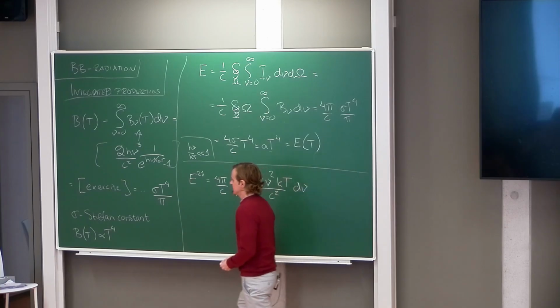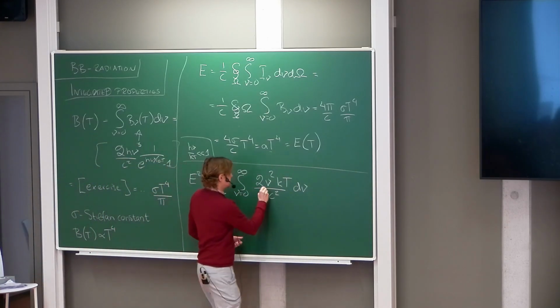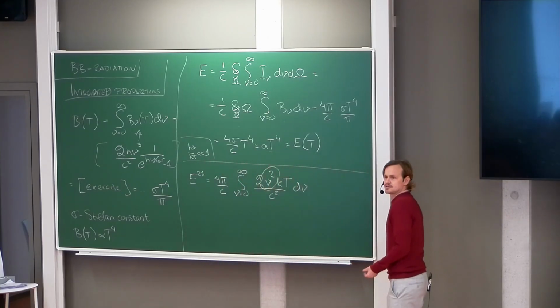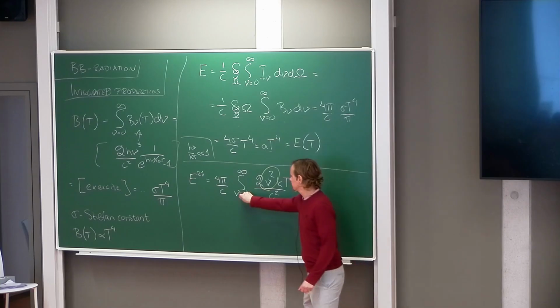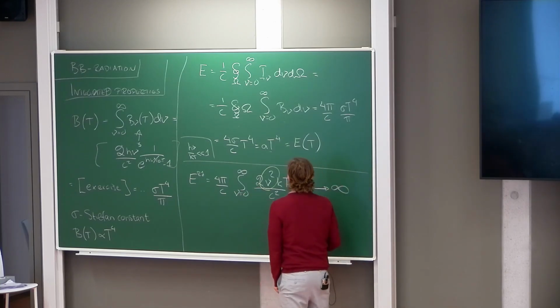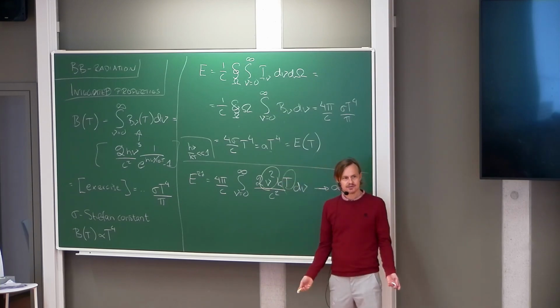But the thing is here that this contains nu squared. So what happened to nu squared when you integrate from nu 0 to infinity? This goes to infinity independent of the temperature. And this was why it was called the ultraviolet catastrophe.